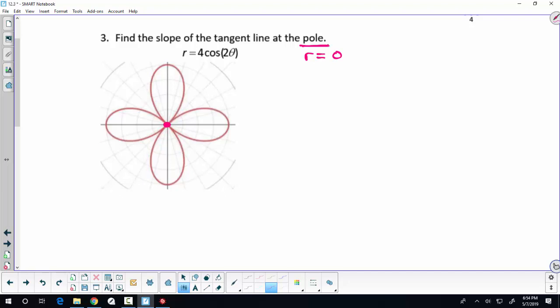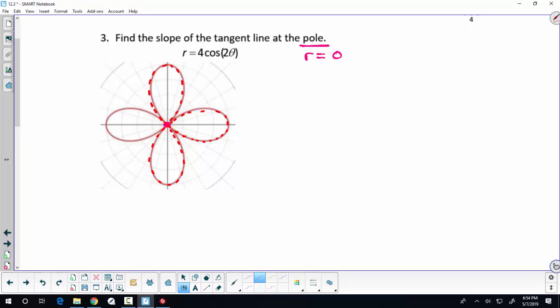Okay. First, we can plug in 0 to find out. So first we have to figure out what thetas give us an r equal to 0. Because remember, when we plot points, this thing does unfold in a particular fashion. Maybe it unfolds like this.